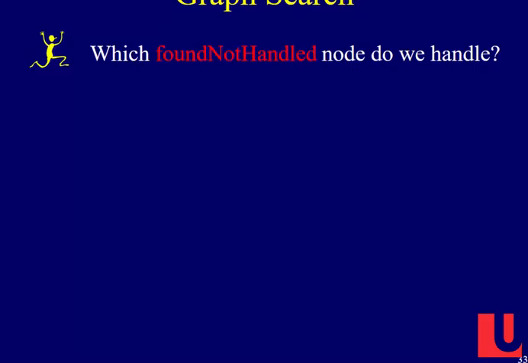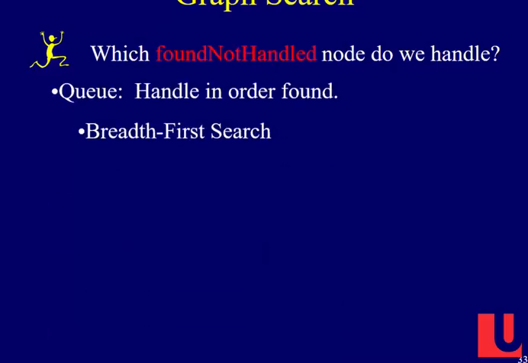You keep track of which nodes have been found but not handled, and you choose some node that's found but not handled, and you do the obvious thing. You handle it. And what does handle mean? It means you find its neighbors. Now its neighbors, if they were found before, are still found. But if they weren't found, now they're found and not handled.